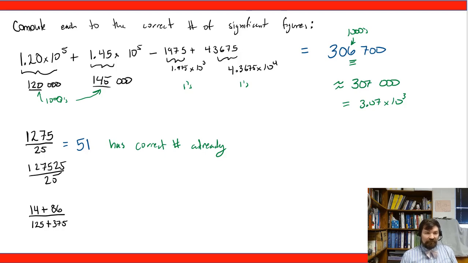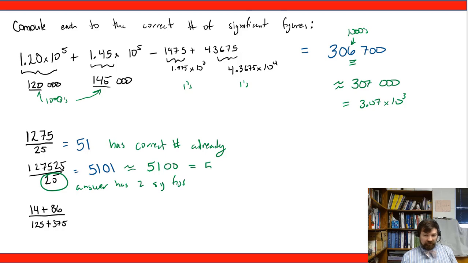This one, if you were to calculate it, would be 5,101. But this right here only has 2 sig figs. So this right here would actually round off to 5,100, or in other words, 5.1 times 10 to the 3.